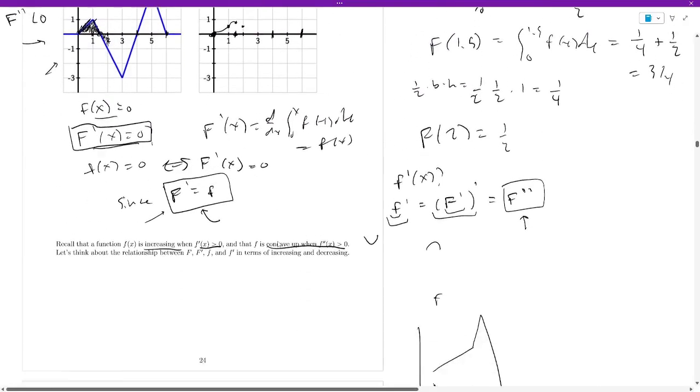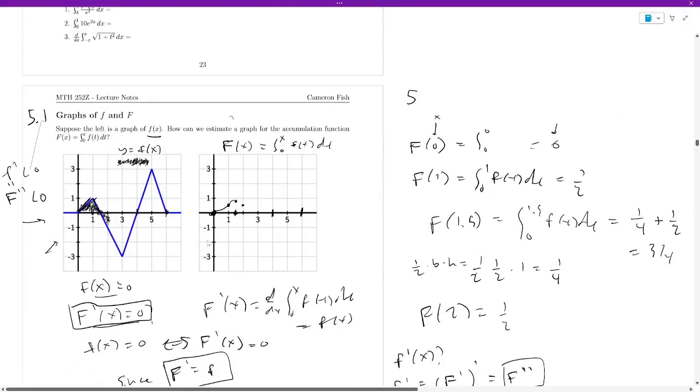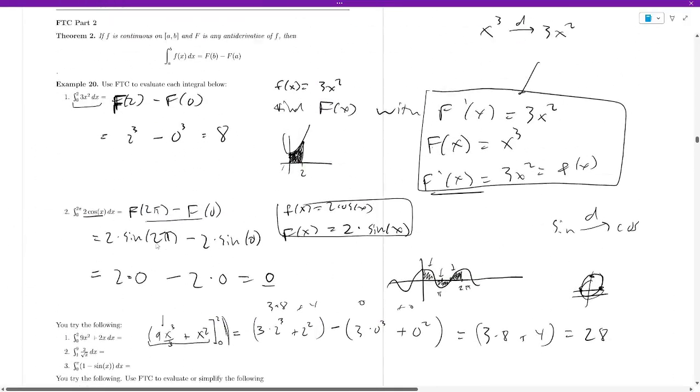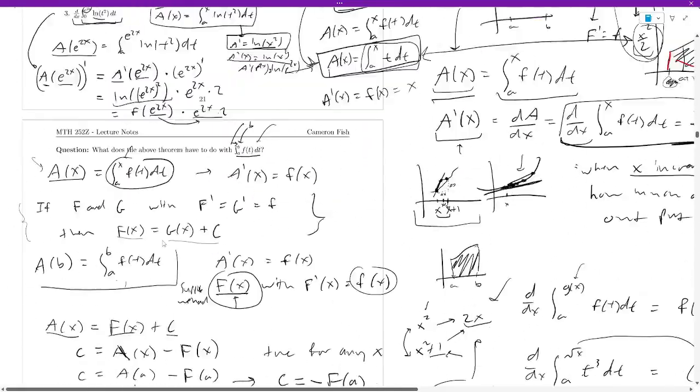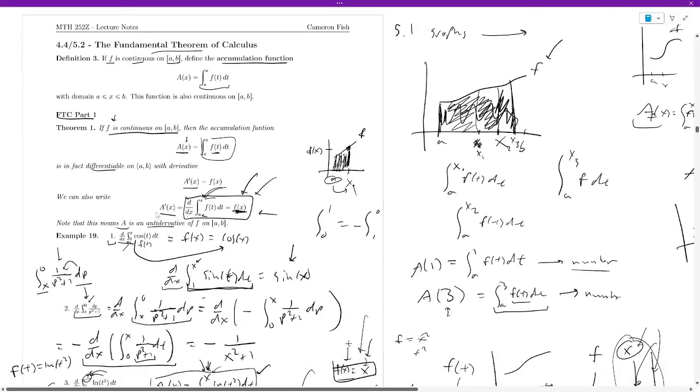Okay, so a recap of what we talked about. Our big thing was fundamental theorem 1. By the way, this numbering is not that big of a deal. I'm calling this one fundamental theorem 1; some books call it one way, some the other way. Fundamental theorem 1 involved this accumulation function, which we talked a lot about. The main point was, it's a function whose derivative is in fact little f.